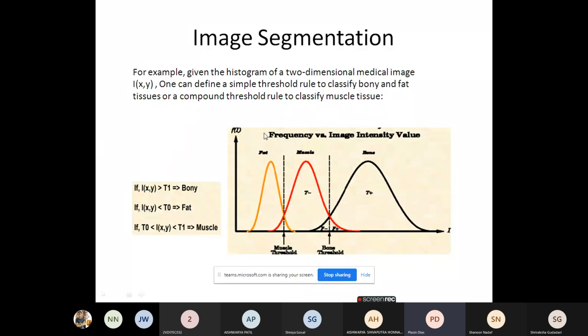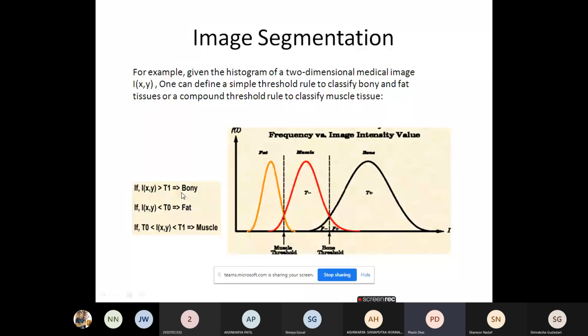Depending on the threshold value, you want to classify whether it is bony or fatty tissue, or muscle. In that case, you have to set some condition for an image depending on the threshold.